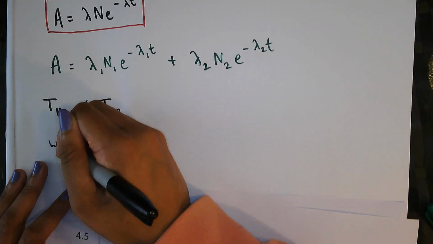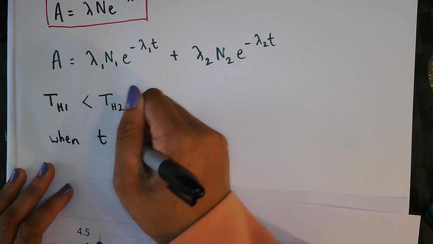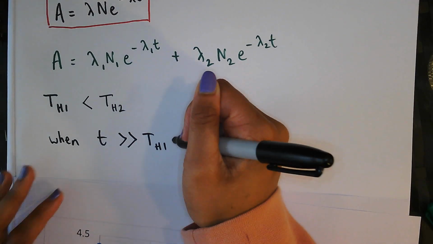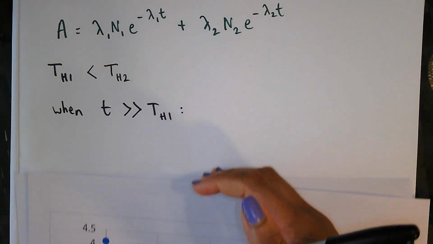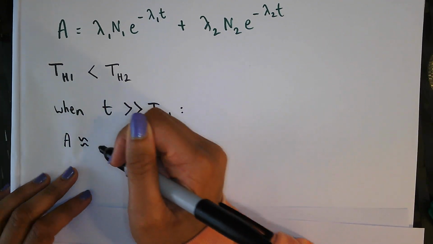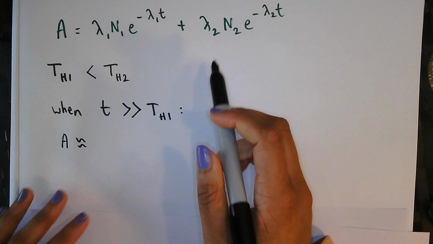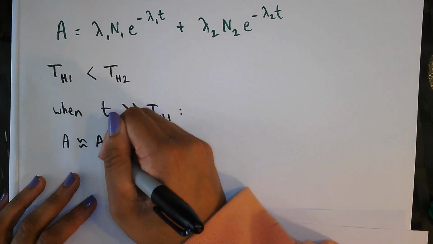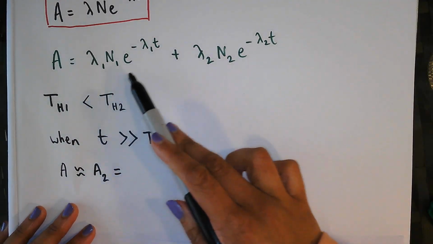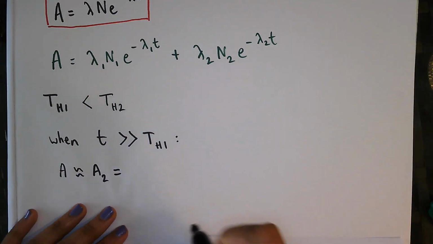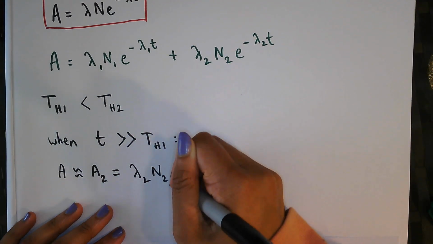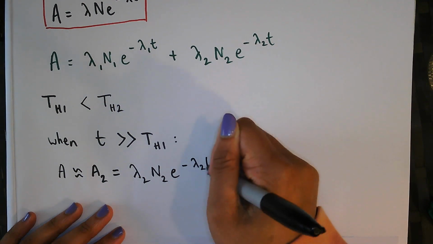So when t is much greater than TH1, we would expect the activity to be approximately equal to just the activity of the second component, A2. So we can essentially ignore this part of the equation and just write the activity is equal to lambda 2 n2 e to the power minus lambda 2 t.